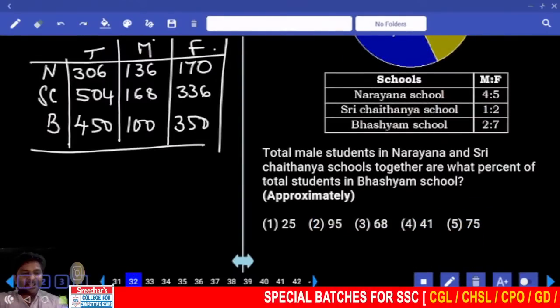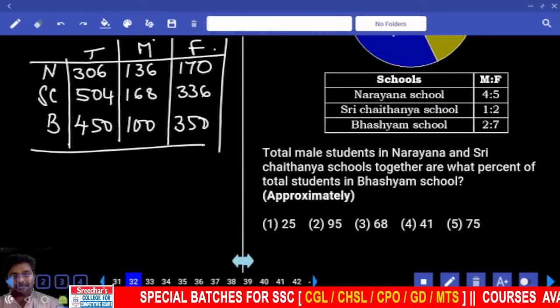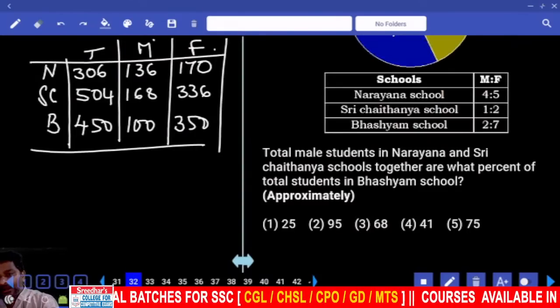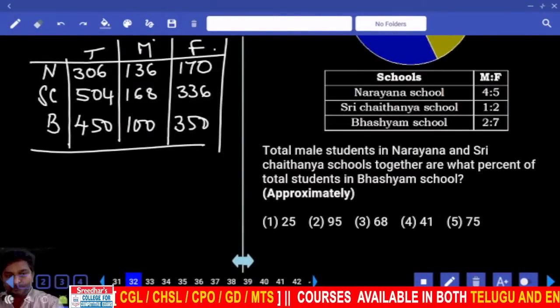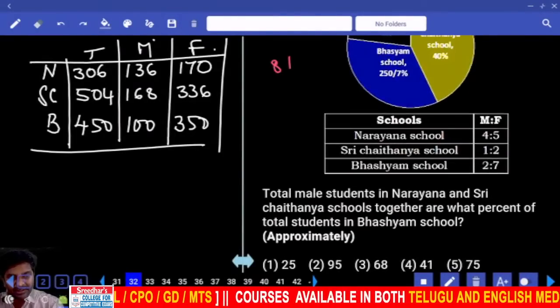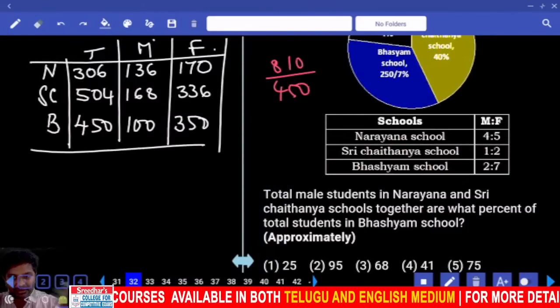Total male students in Narayana and Sri Chaitanya together are what percentage of the total number of students in Bhashyam? Okay. Narayana Chaitanya, 810. Am I right? 810 are what percentage of?